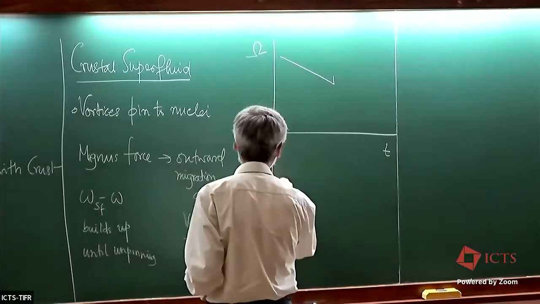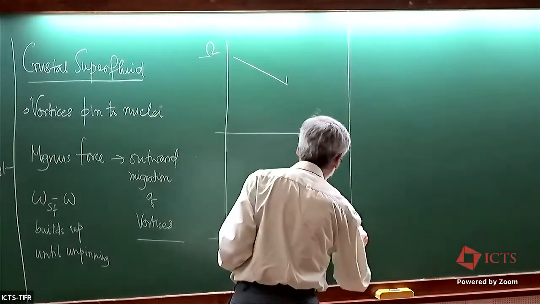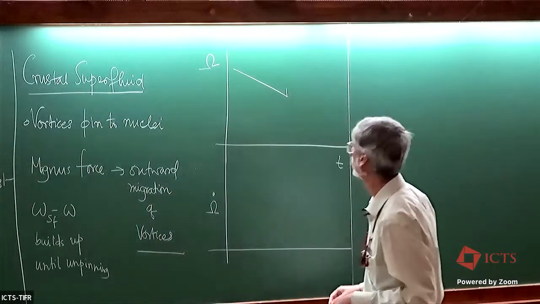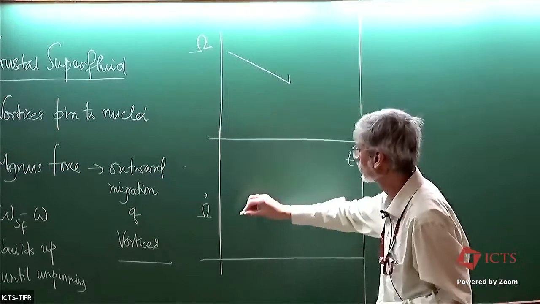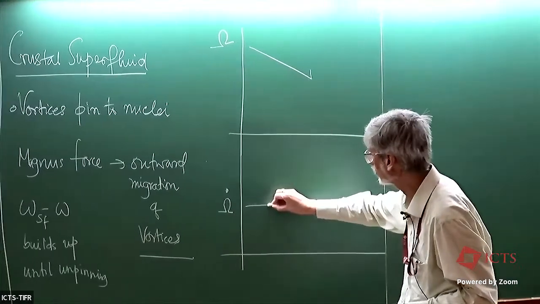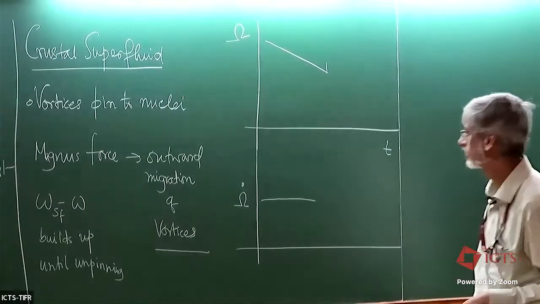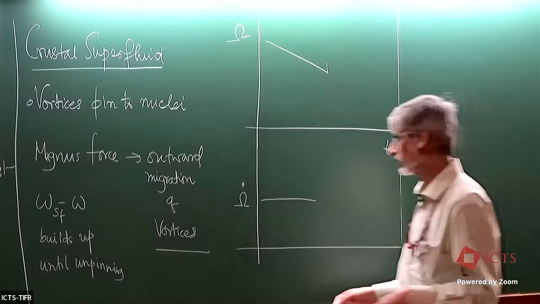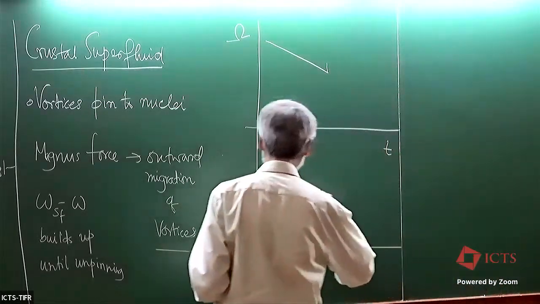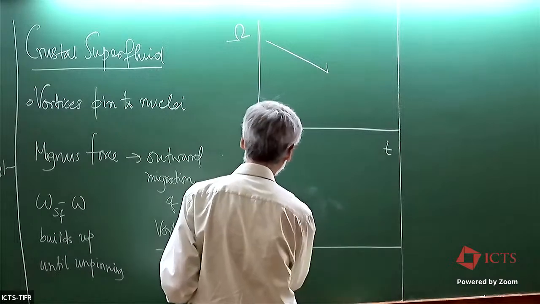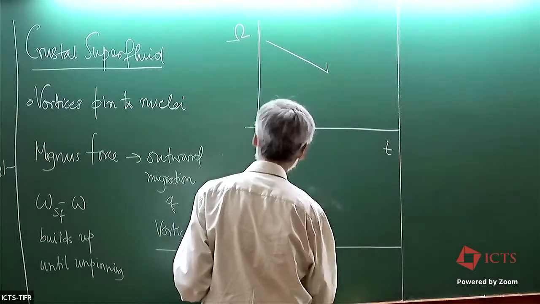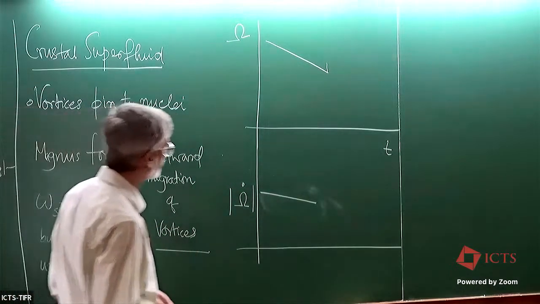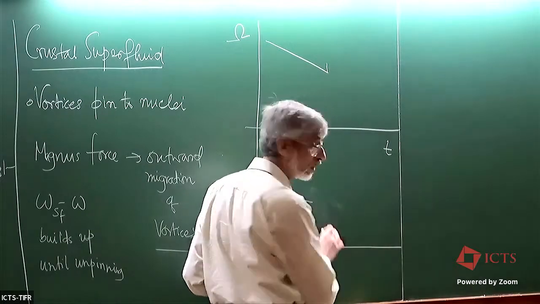Interestingly, what you will then also see accompanying, if you look at omega dot, for this short period, I'm going to say that omega dot was at some average value. Omega dot also decreases with time, by the way, but maybe I should not draw it this way. Omega dot is negative.